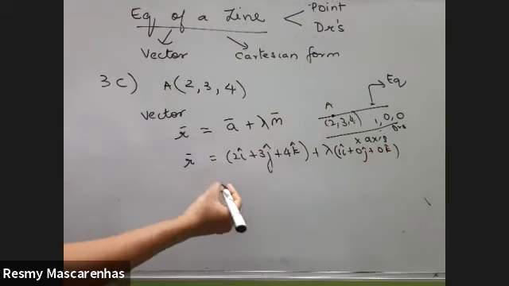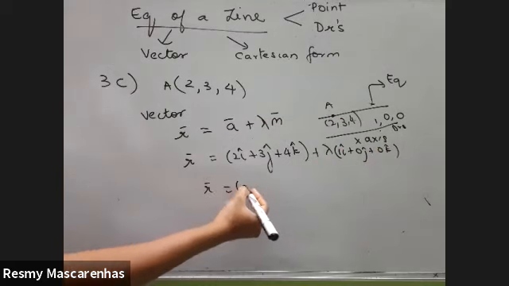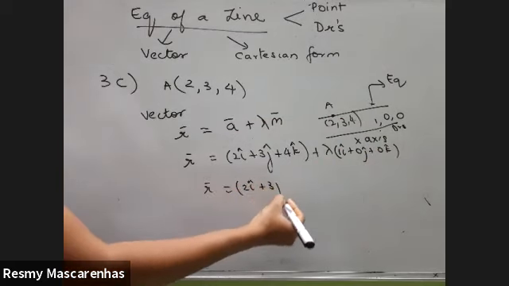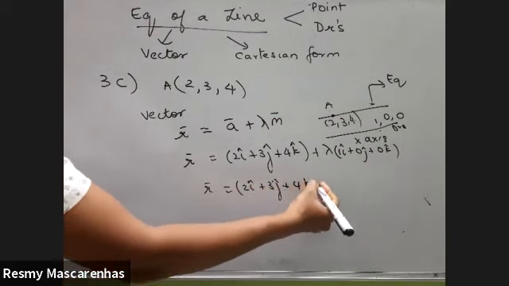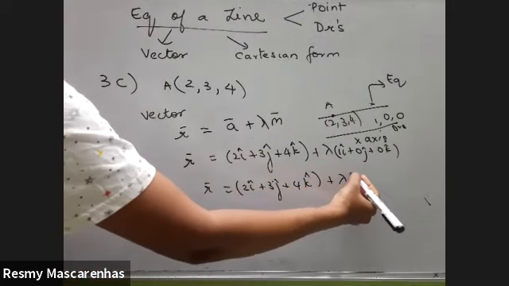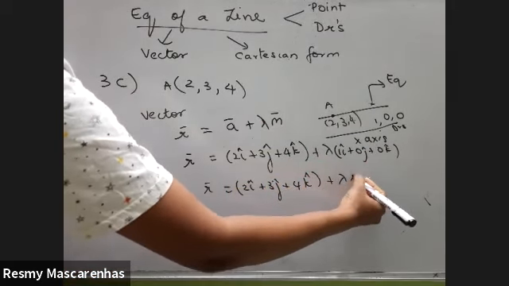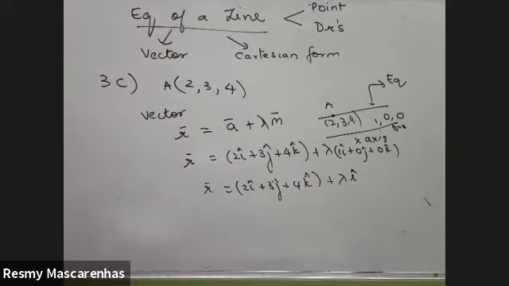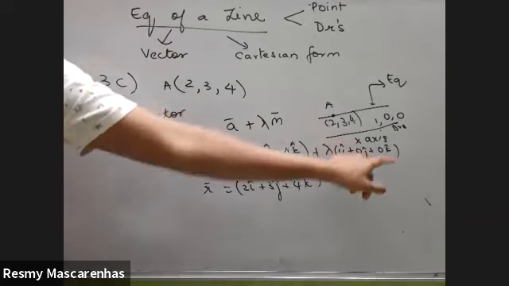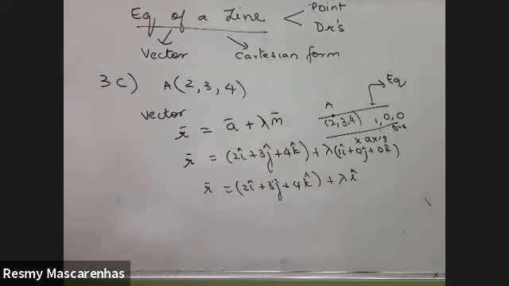You can write it like this also: plus lambda times i cap, because the rest will be 0 anyway. This or this, both are correct. So this is the vector equation.